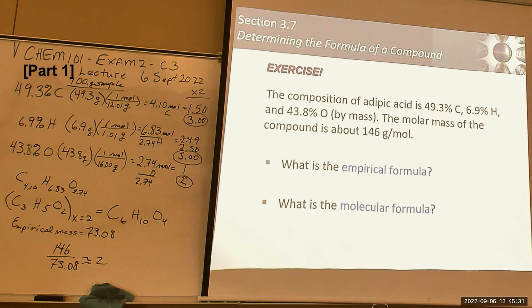So at the beginning, where it says 100-gram sample, I was putting that over everything, but we're not dividing it by that 100-gram sample. That's just saying what it's equal to. The only reason that we assume a 100-gram sample is to get rid of the percent. Because percent is the same as grams of carbon per 100 gram sample.